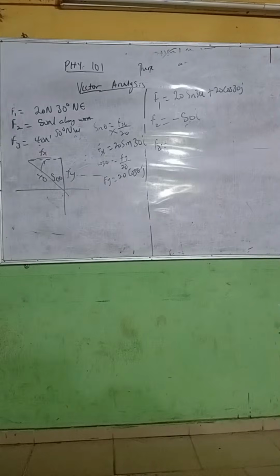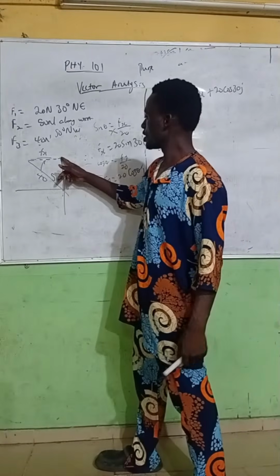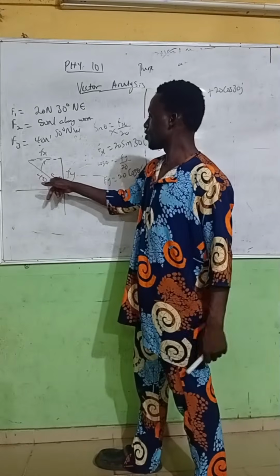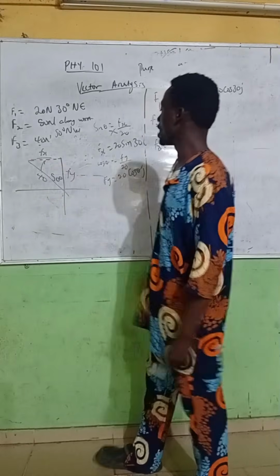Are we together? 40 Newton 50 degrees northwest. So it's coming from north, it's going to west, the angle. So when the angle reaches here, these are 50 degrees. The 40 Newton, your force, is always the hypotenuse.